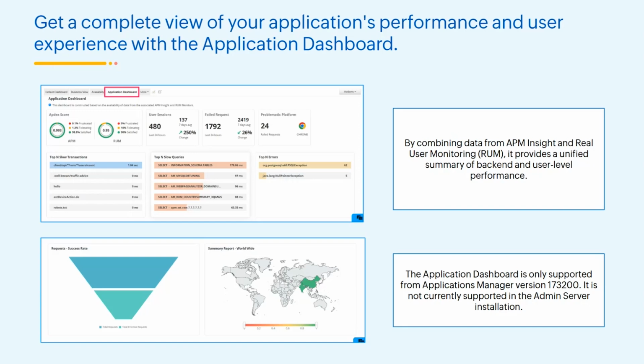That helps IT teams to monitor key metrics such as APDEX scores, user sessions, failed requests, slow transactions, and error reports. Additionally, the dashboard provides geographical insights to help analyze performance trends across different regions as well.